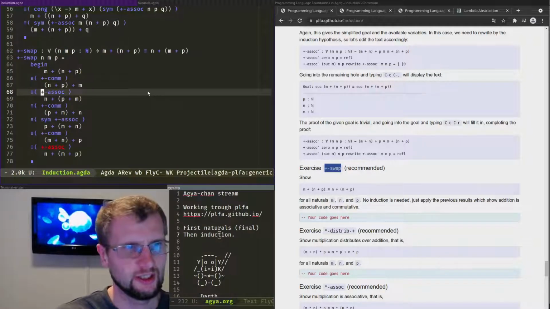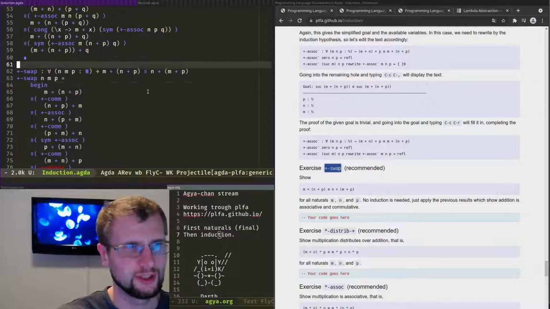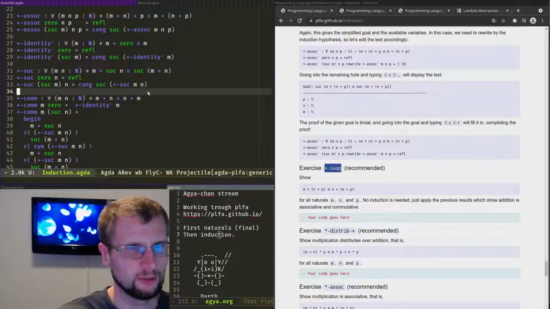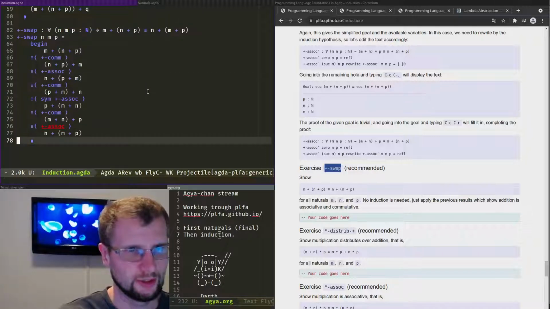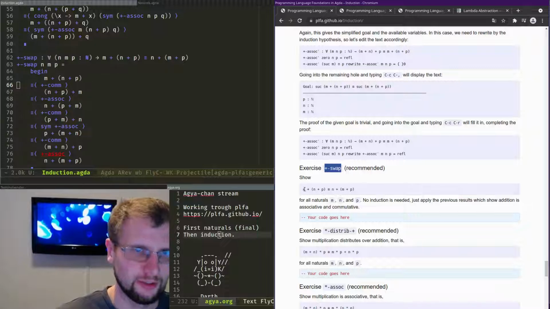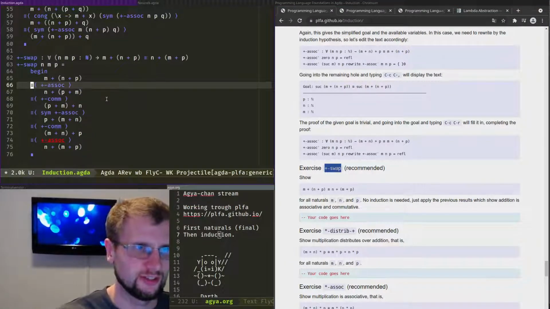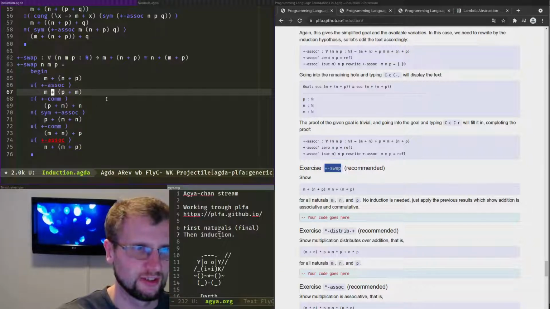Yeah. Like, it feels like I shouldn't have to apply that many rules. I'm doing commute plus. Maybe I can commute this too instead of everything, because it seems kind of dumb to do everything. Okay, hear me out. You do the associate thing, right? You fix up the parentheses. So you do m and p, right?